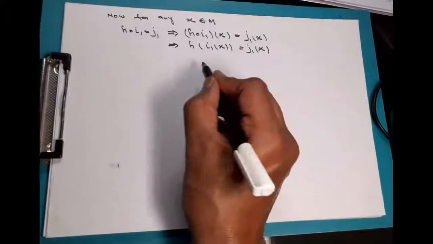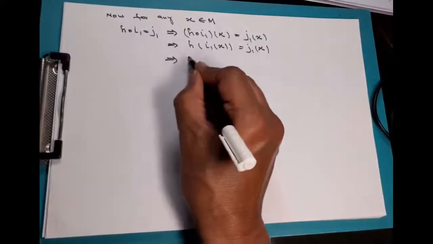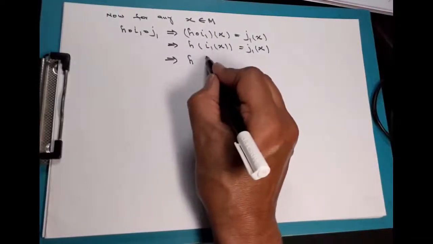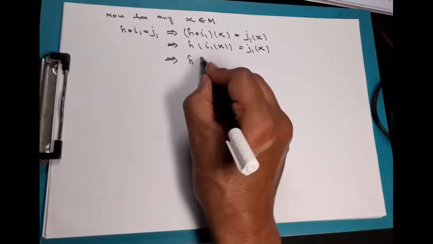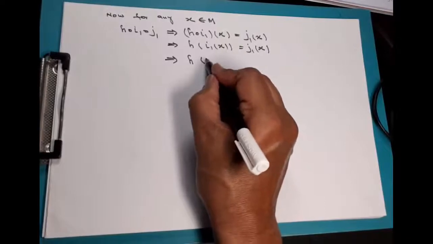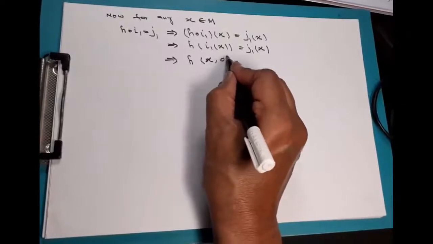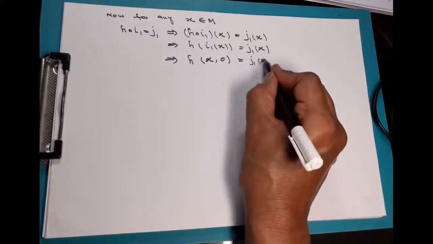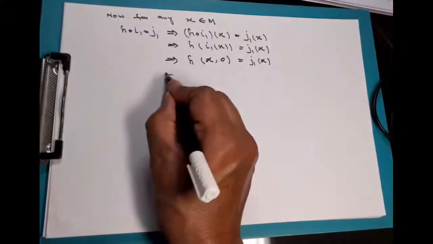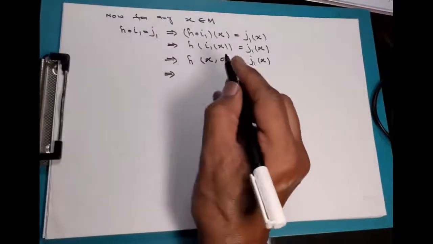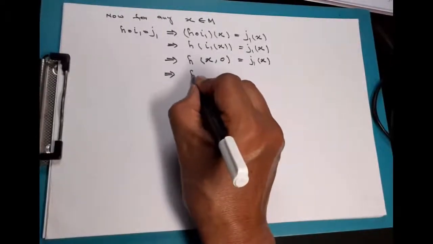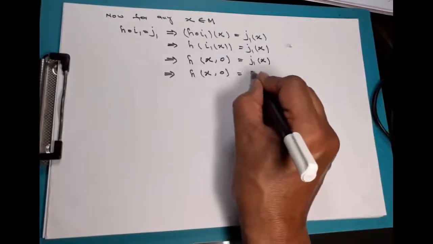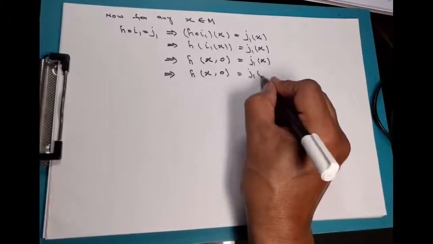and we have already seen that the effect of I1 on x is equal to this ordered pair (x, 0), and this is equal to J1(x). This implies that the effect of H on (x, 0) is equal to the effect of J1 on x.